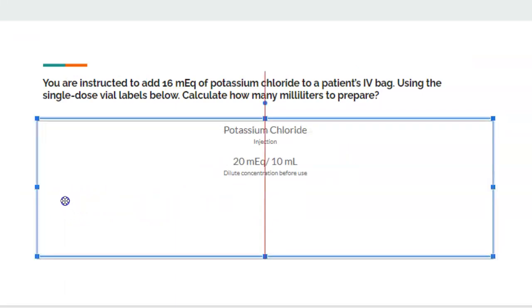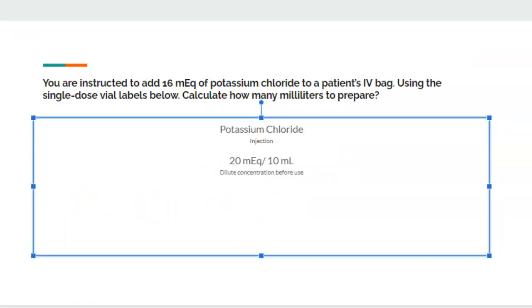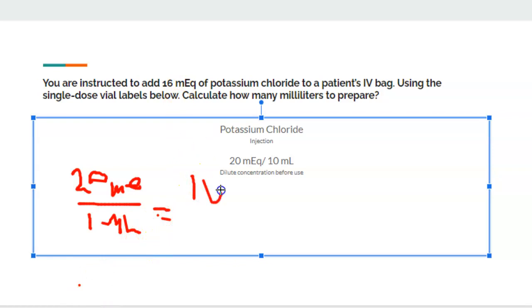I'm not going to write milliequivalents because it gets too confused. So I'll do 20, and this is going to be ME, over 1 milliliter. And we're going to set that equal to 16 milliequivalents over X milliliters.